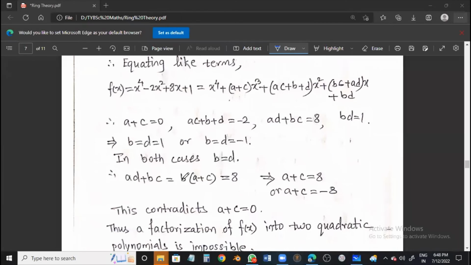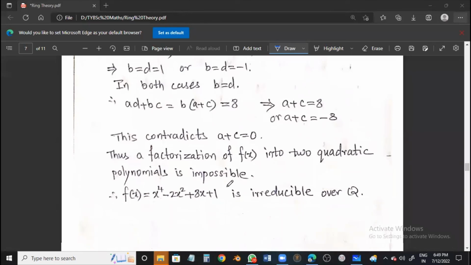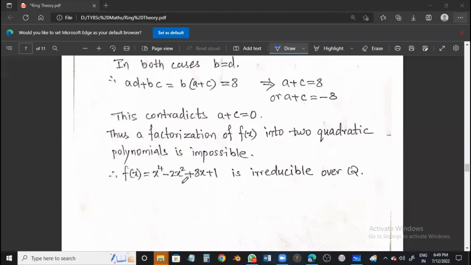So what I got, b times a plus c is 8. Means what? If b is 1, a plus c will be plus 8. If b is minus 1, it will be minus 8. But here you have got a plus c must be 0. And at the same time you are getting these values. So this is not possible. This is a contradiction. So this kind of factorization is not possible, and that is why f of x is irreducible over Q.